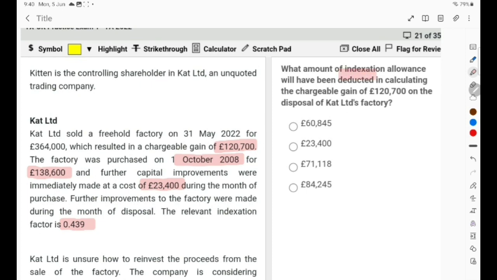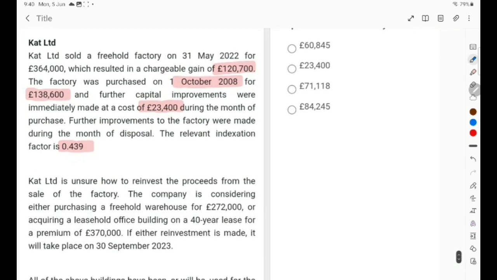So we have to calculate the indexation allowance, right? So how to calculate this? The original price is given to you as 1,38,600, right? Plus the improvement cost 23,400, multiplied by indexation factor, which is 0.439.